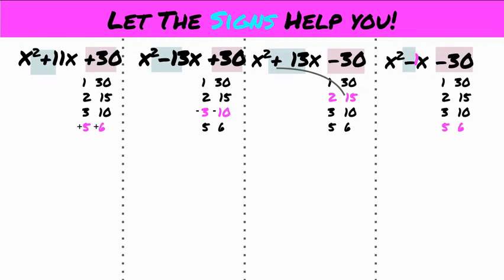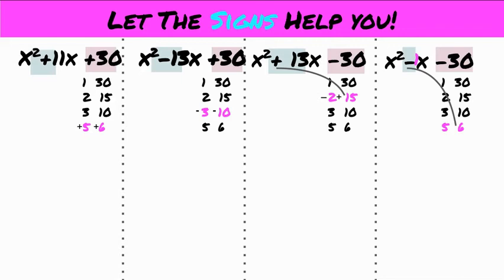So I have to decide on their signs. The sign of the middle term goes with the larger number because we need to add up and have more positives or balance out to be positive. So I have to have positive 15 and a negative 2. Again, I check that. Do they multiply to equal the last term? Yes. Do they add up to the middle term? Negative 2 plus positive 15 is 13.